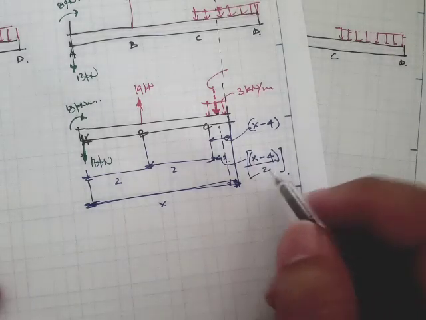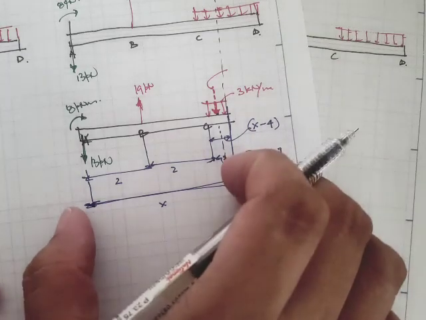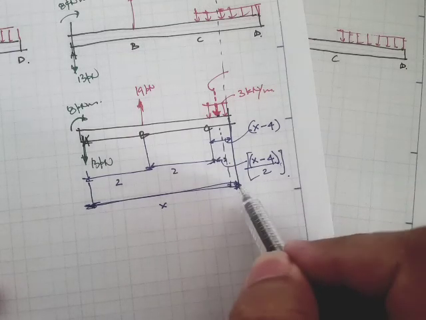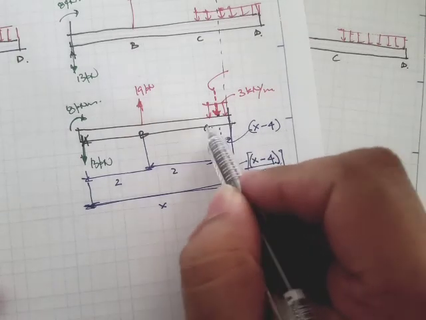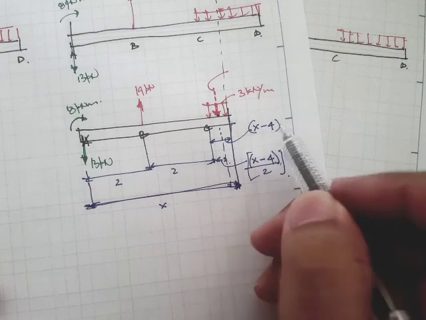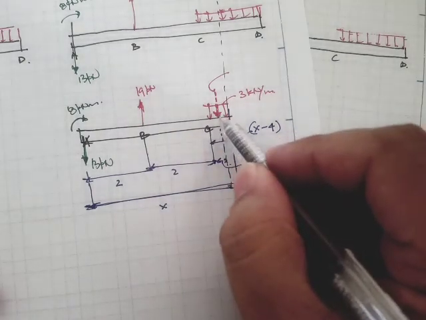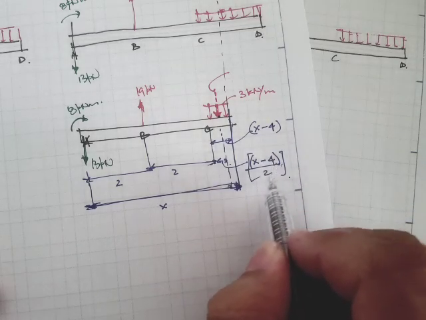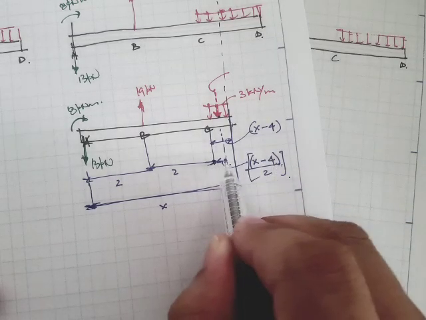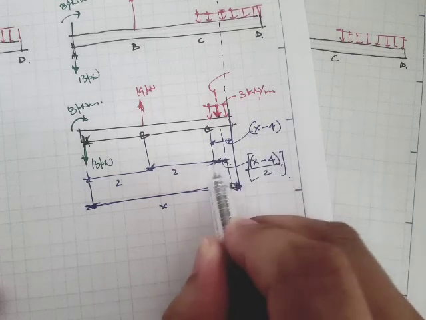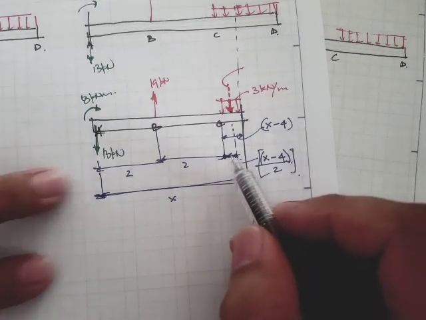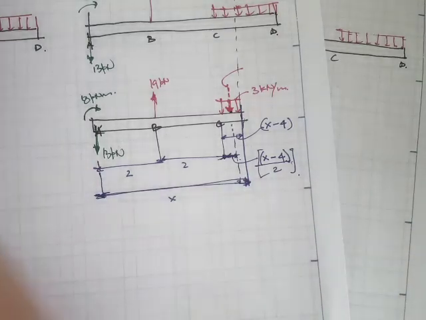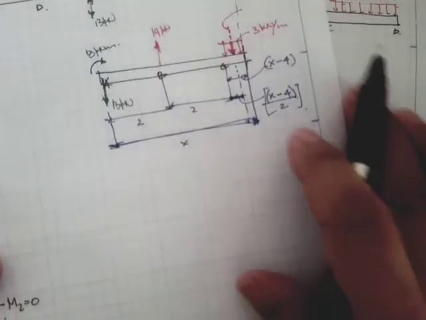Okay, so that's our distances. Again, this is x, this is 4. So the distance from this point to point C is x minus 4. And if we need the equivalent concentrated load, that's going to be acting at x minus 4 all over 2 from this point, that's half of x minus 4. But of course, if we are taking moments from point A, then we should add 4. Okay, so I guess we are good to go.